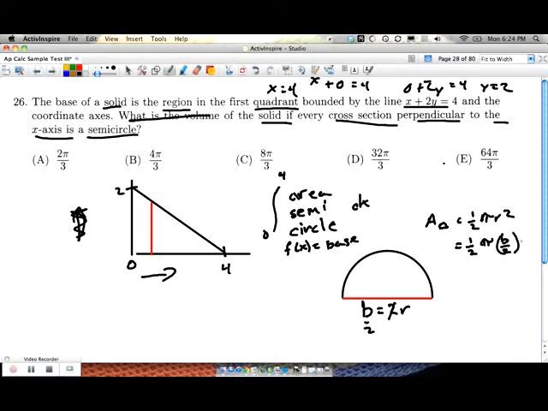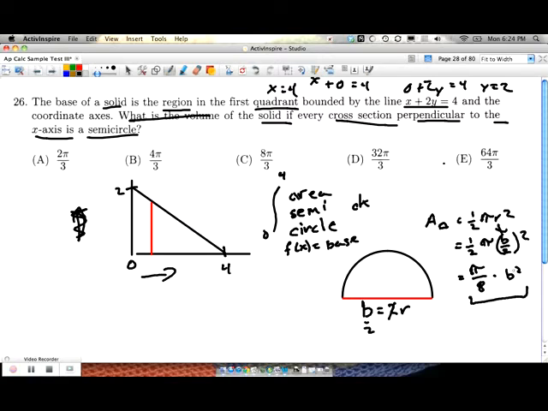We're going to make that substitution. Now if I were to multiply this out and simplify a little bit, that would tell me that I have pi over 8 times b squared. So that means that the area of a semicircle is pi over 8 times b squared.